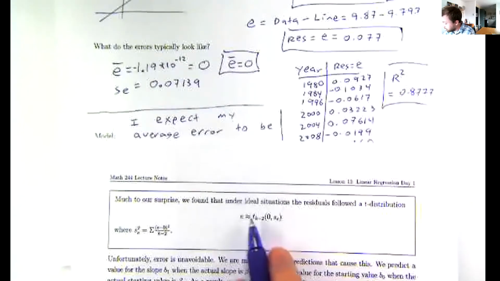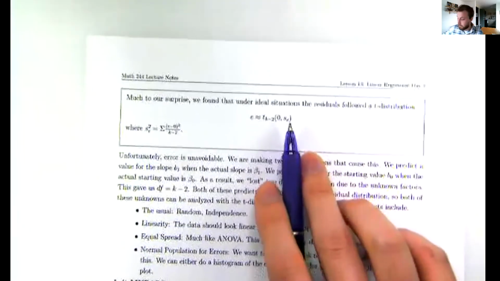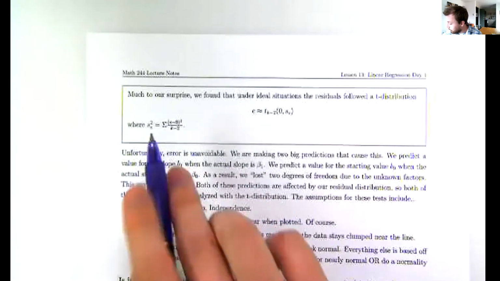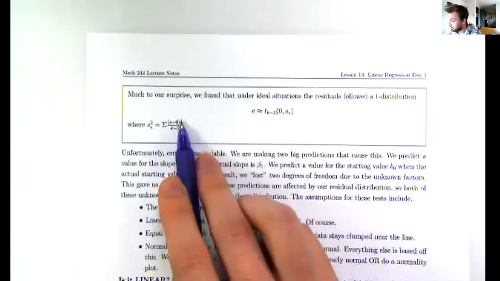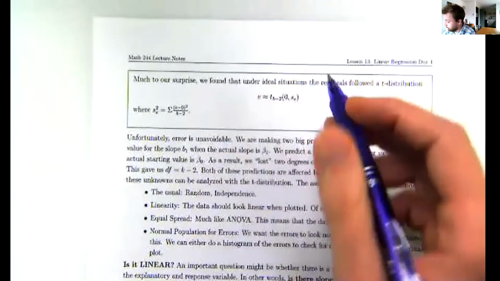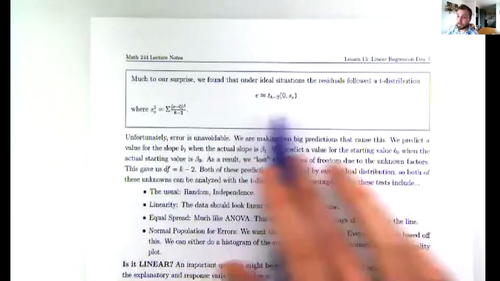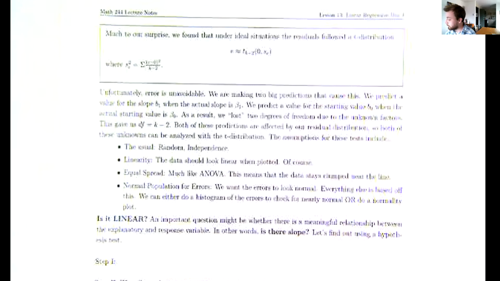I expect my errors to have a t distribution with k minus 2 degrees of freedom. I expect my standard errors to have the formula where I have my individual errors minus the center, squared, and I'm dividing this by the degrees of freedom, k minus 2. This formula I'm not going to test you on directly, but I do use it for other things. Let me show you what those other things are.